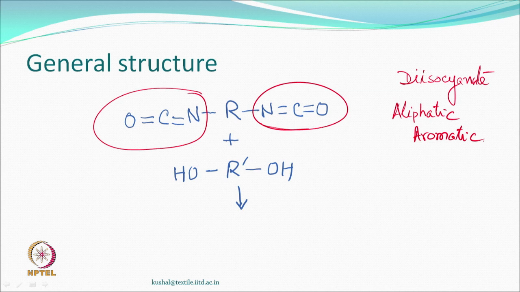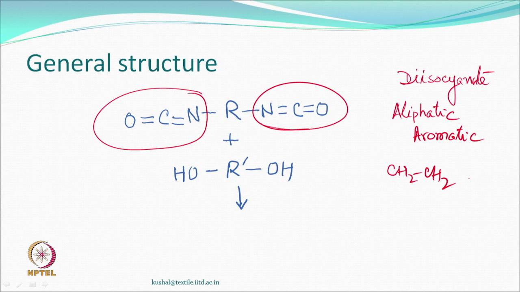Then you have a dihydroxy type of compound, or polyhydroxy compounds could also be there, but let us say a dihydroxy compound where the R prime could be anything, could be aliphatic like CH2, CH2, just 2 units, 5 units, 6 units, more units.